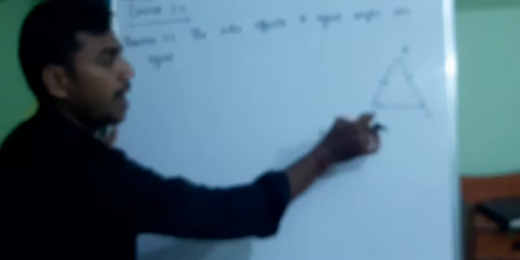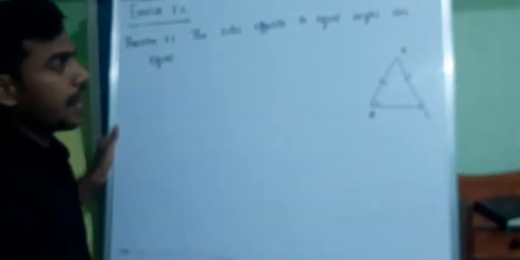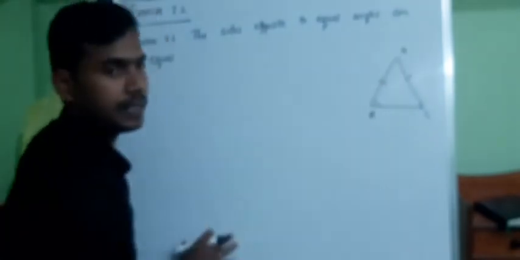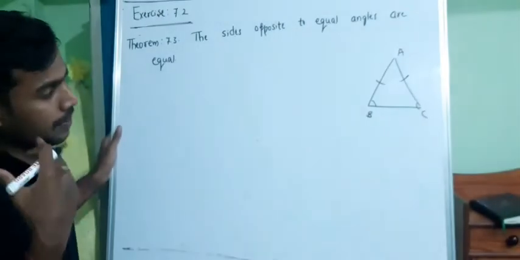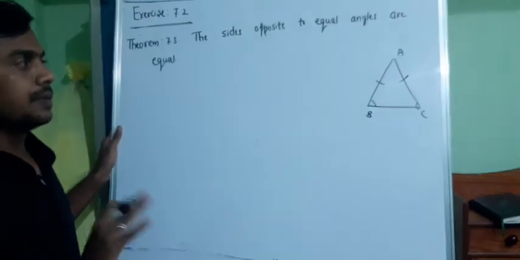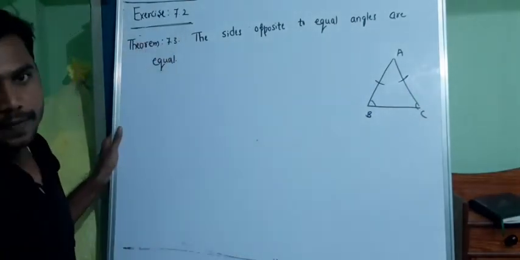Take any measure, any angle, but angle B should be equal to angle C. Then measure sides AB and AC, they will be equal. Any angle you consider, the respective sides will be equal.